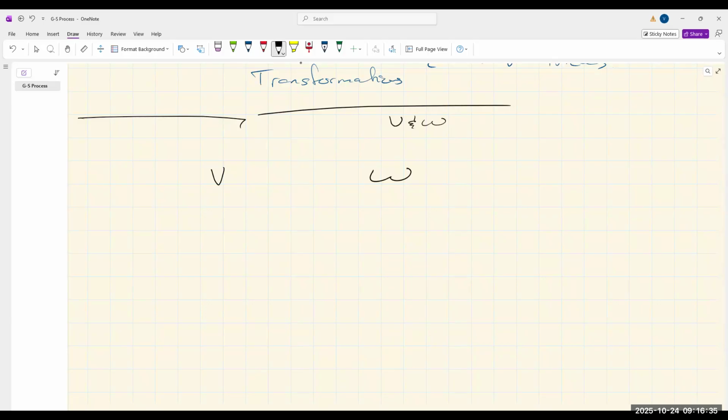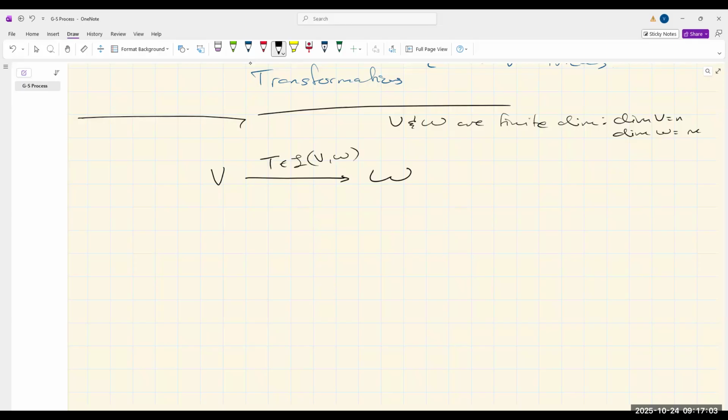V and W are finite dimensional. So let's just say the dimension of V is n, and the dimension of W is m, right? If we have a linear transformation between them, let's say T is a linear transformation between V and W.